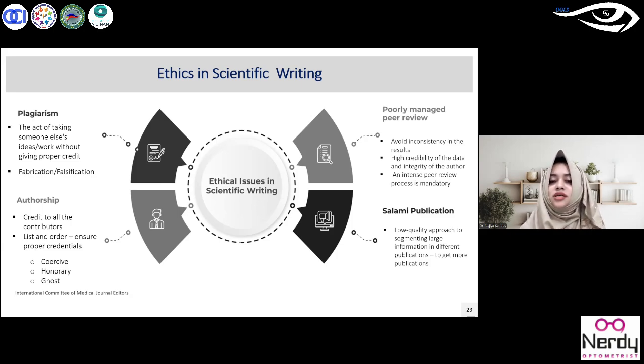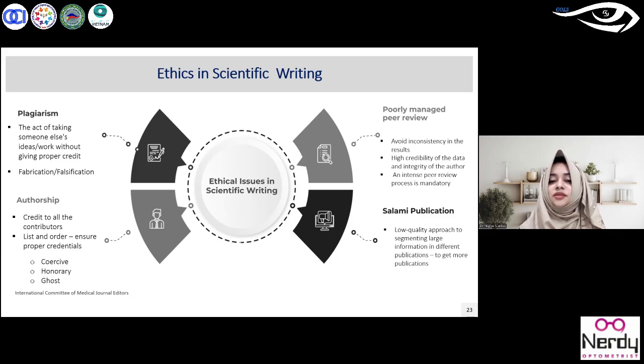Another type is duplicate publication, which occurs when an author submits for publication a work that was already published, but pretends it is the first time or the original work.